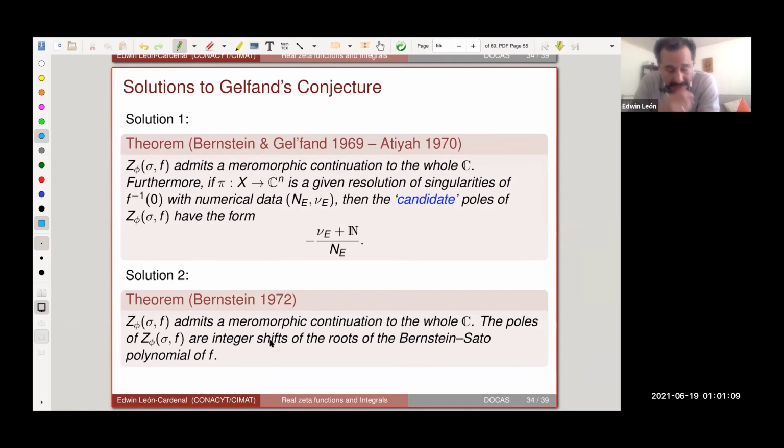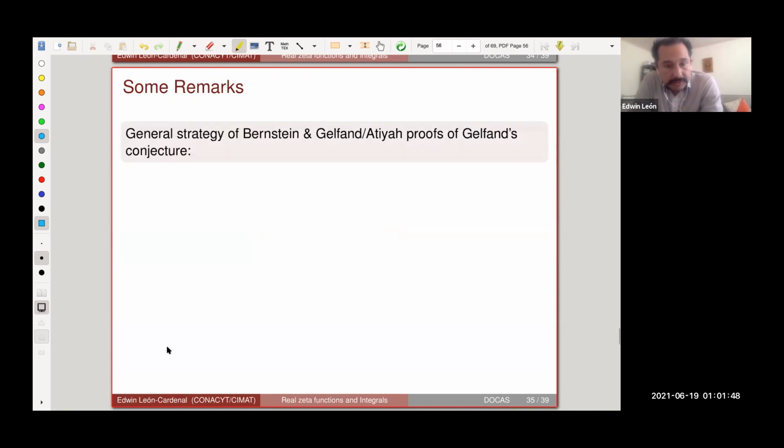But then in 1972, Bernstein gave another solution, saying a little bit more, and related this zeta function with something that is, I guess, well known for this audience: the roots of the Bernstein-Sato polynomial. So what Bernstein proved is that the poles of the local zeta function are integer shifts of the roots of the Bernstein-Sato polynomial of f.